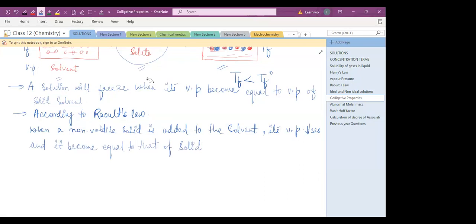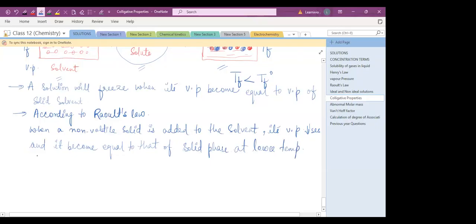You can write solution equal to the solid phase. Right? Means the vapor pressure decreases and it becomes equal to the solid phase at lower temperature.